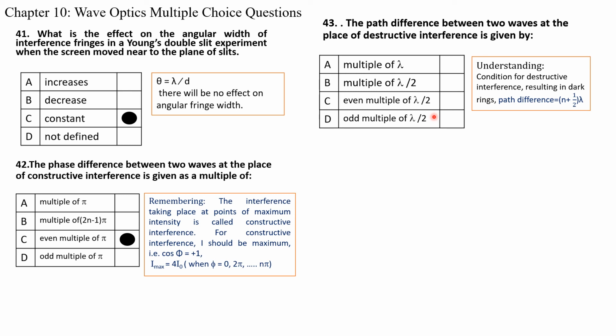Half lambda means lambda by 2. So let us understand. The condition we have to recollect for destructive interference resulting in dark rings is path difference equal to (n plus half) lambda. That is, the option is odd multiple of lambda by 2.